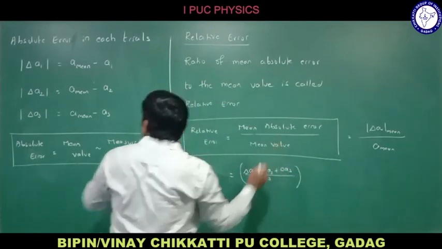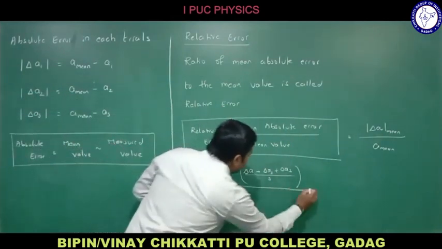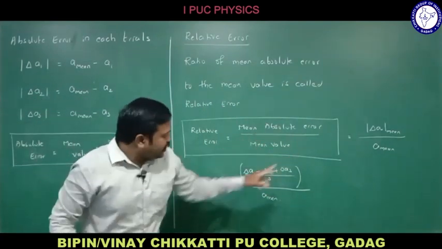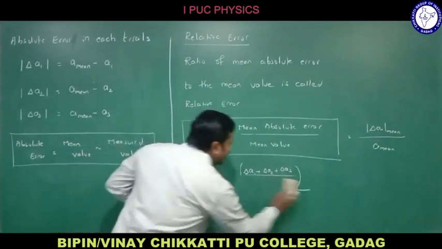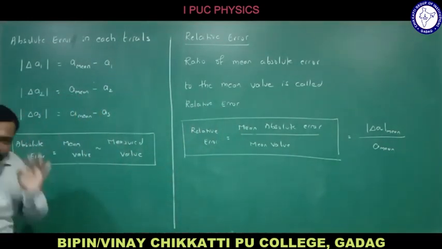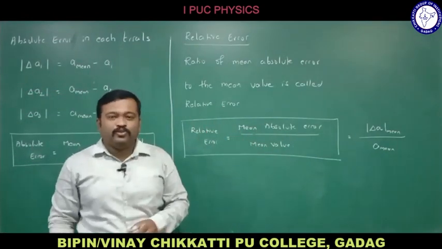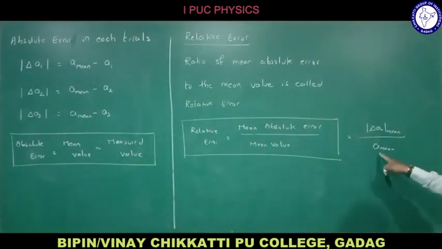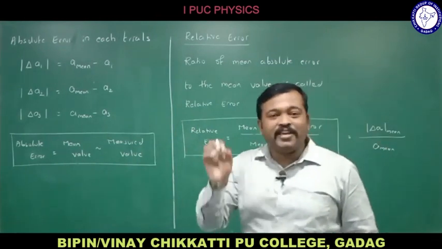This gives the mean absolute error, divided by A mean, and this gives the relative error. This is how we need to calculate it. So do remember, relative error is the ratio of mean absolute error to the mean value, and it is denoted like this, delta A divided by A. So this was all about relative errors.